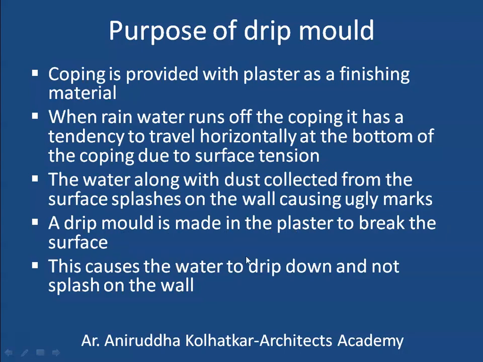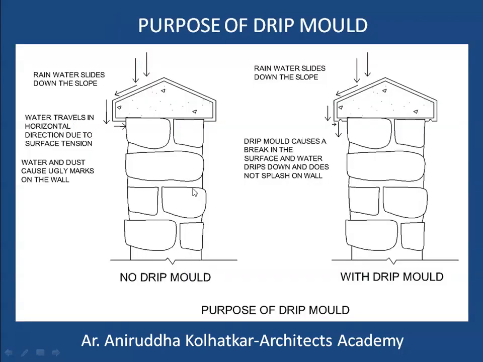Due to the break in the surface, the water drips down and does not splash on the wall. So what you can see here is that instead of having just a horizontal surface like this, we create a groove in the plaster. As a result of this groove, what happens is that the surface gets broken and the water which travels horizontally just drips down from the mold and does not splash onto the wall. So this is why the drip mold is provided.